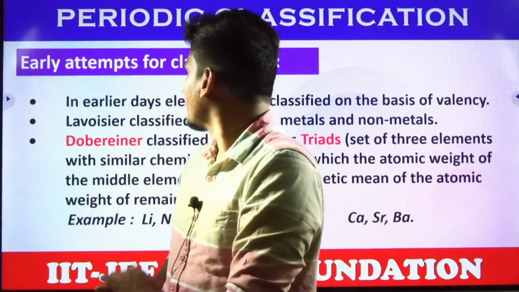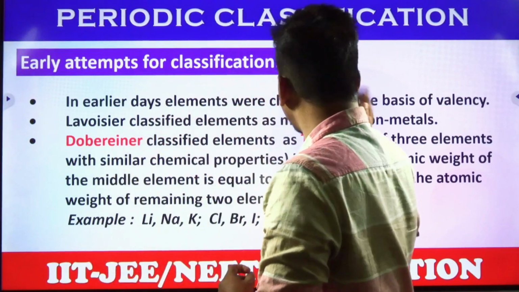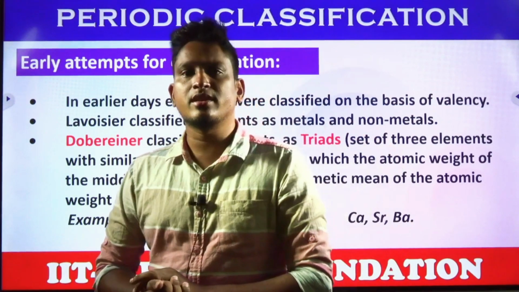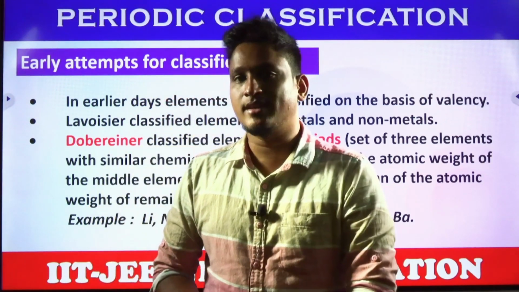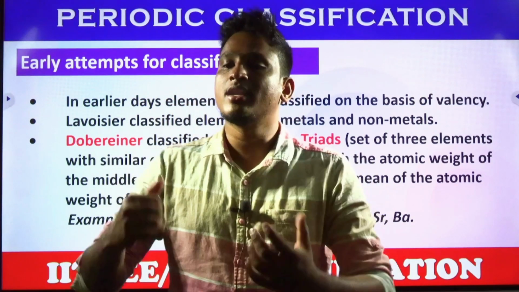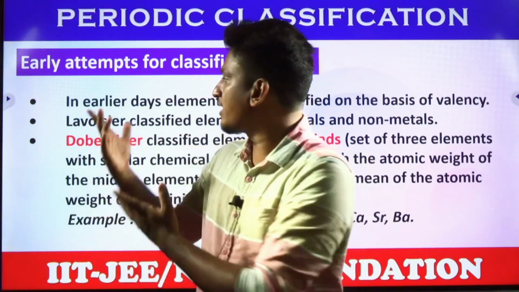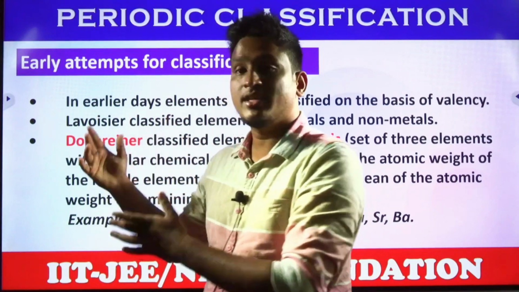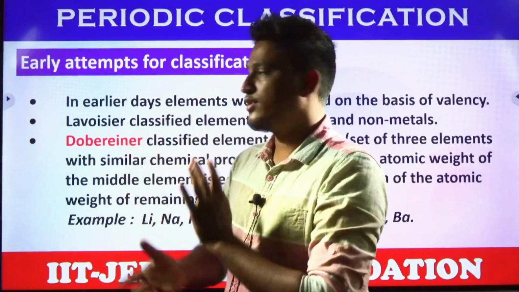So first, what are the early attempts of classification? In the early days, elements were classified based on their valencies. What is valency? The combining capacity of an element is called valency, like how many electrons an atom loses, gains or shares. Based on that factor, they tried to classify. This was very long ago, so at that time only a few elements were known.